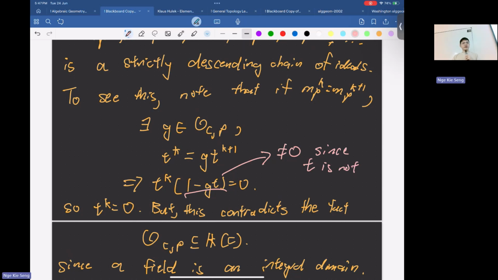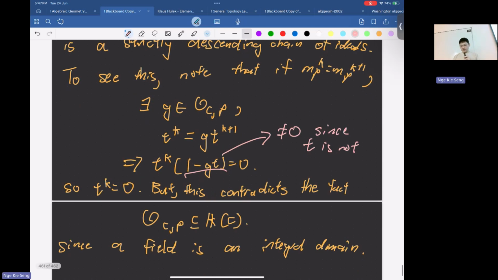Okay, because we choose T from the maximal ideal. The maximal ideal is the part of the local ring that's not invertible. Okay, if you remember, everything outside should be invertible. Okay. So that's what makes the ideal unique. Why the maximal ideal is unique: because if you take a little bit more from the complement of that maximal ideal, it becomes invertible.